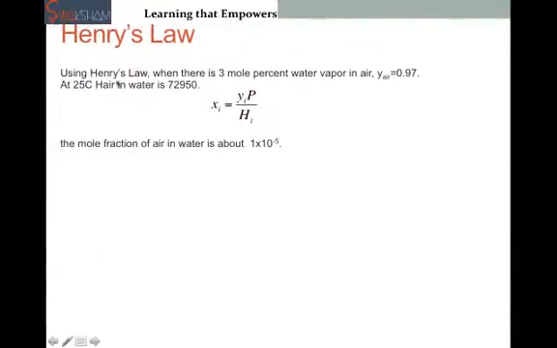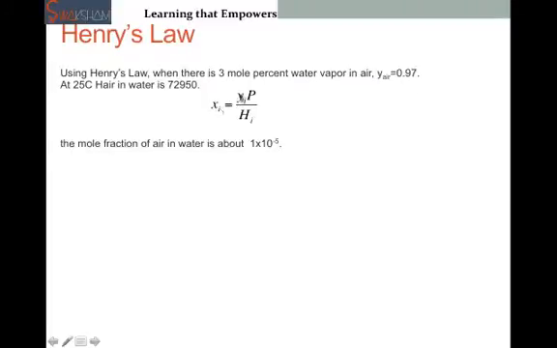So for example, using Henry's law, when there is 3 mole% water vapor in air, Y air is equal to 0.97, and H air, the Henry's constant for air in water at this temperature, is 72950. So when there's 3% water vapor in air, Y water is equal to 0.03, Y air is equal to 0.97.